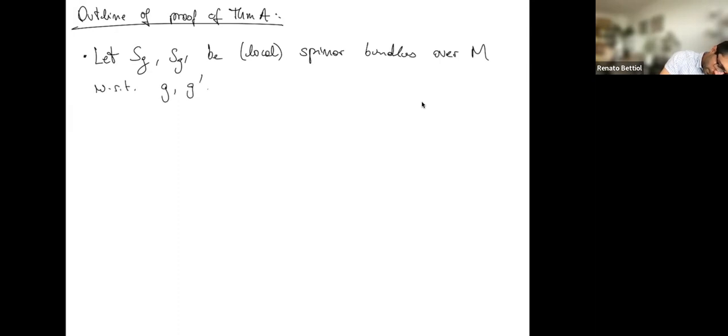And when you tensor them together, you get something that is actually globally defined. So S_G tensor S_G prime, because the identity is a spin map, is globally defined.